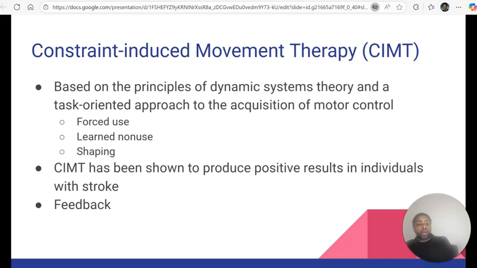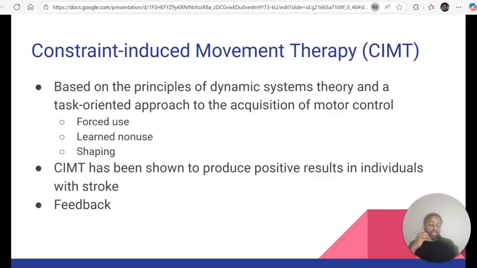And so the CIMT is to target that learned non-use, and of course to force the arm to be used more. And what we know about motor recovery is task-oriented approach with forced use of the arm for functional activities is more likely to lead to neuroplastic changes to occur versus rote exercises.